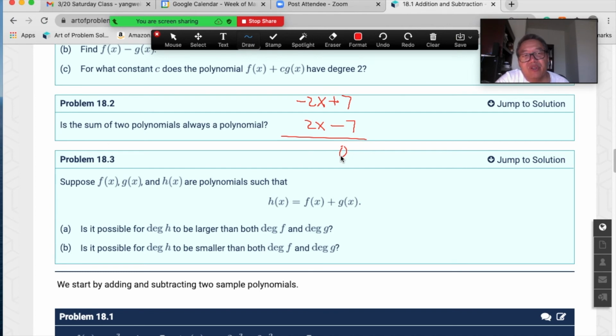0 is also a polynomial. Based on the definition, the general form of a polynomial is f(x) equals a_n x to the power n, plus a_(n-1) x to the power n minus 1, and so on, to a_1 x to the power 1, plus a_0.